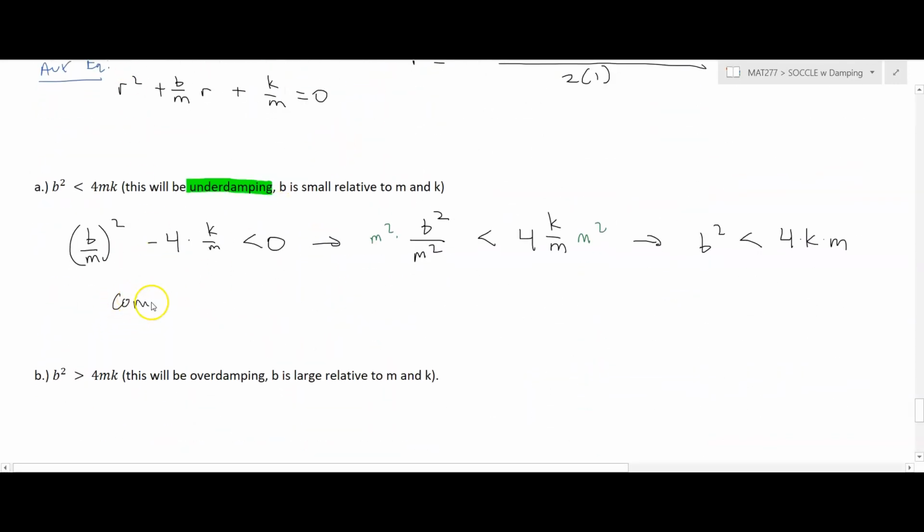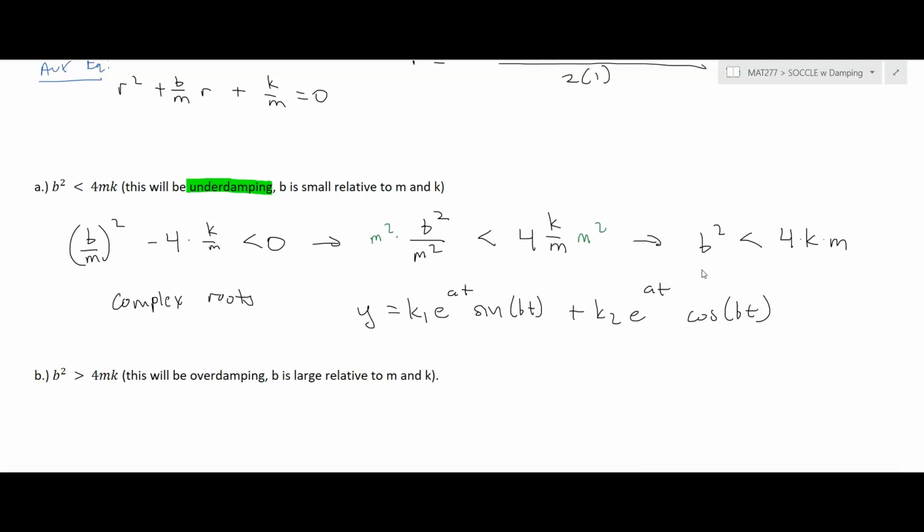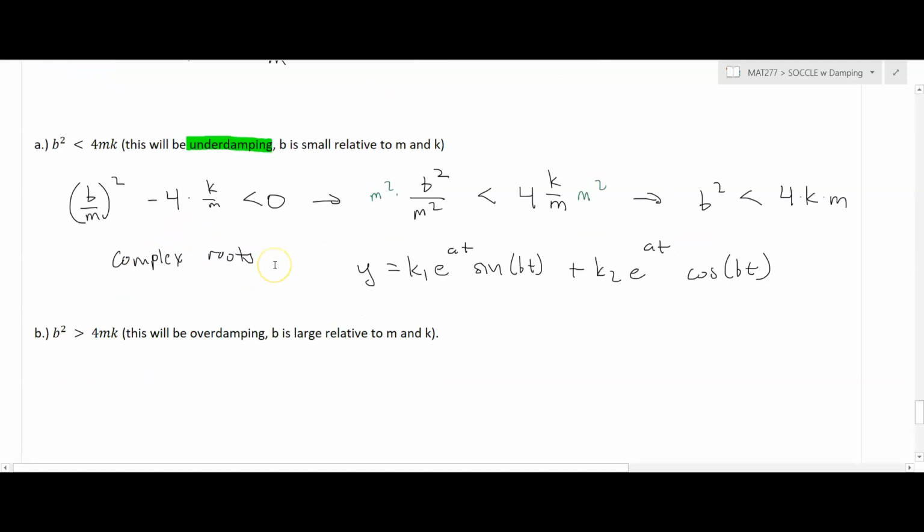So you'll have complex roots, and your solution will be of the form k1 e to the at sine bt plus k2 e to the at cosine of bt. That's going to be the underdamped situation where you're going to have some oscillation, and that leads to complex roots. So we call this type of system an underdamped system.